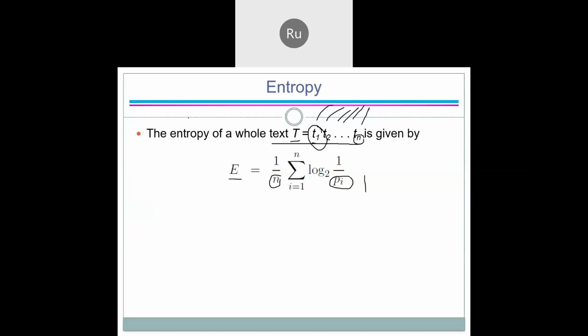So if the distribution of A is always high, maybe this one is also always high, when we add these up together, the entropy will be low. That means when your entropy is low, you carry less meaning. This is because the probability of having them is high.